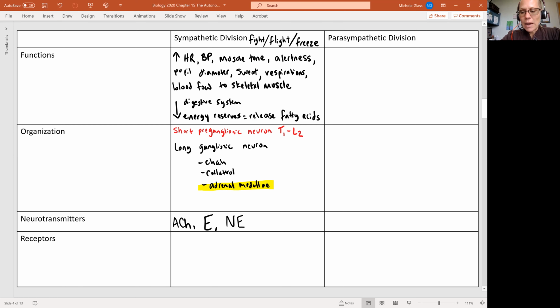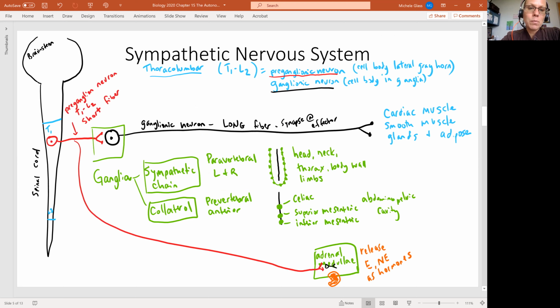So if we take a look back at our diagram that we drew out before, what we're going to see happening is at the synapse between the preganglionic neuron and the ganglionic neuron, at those ganglia, we're going to get the release here of acetylcholine.